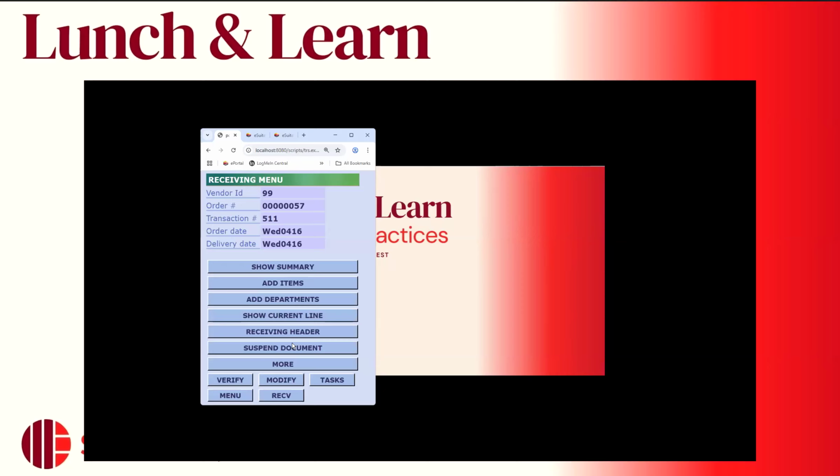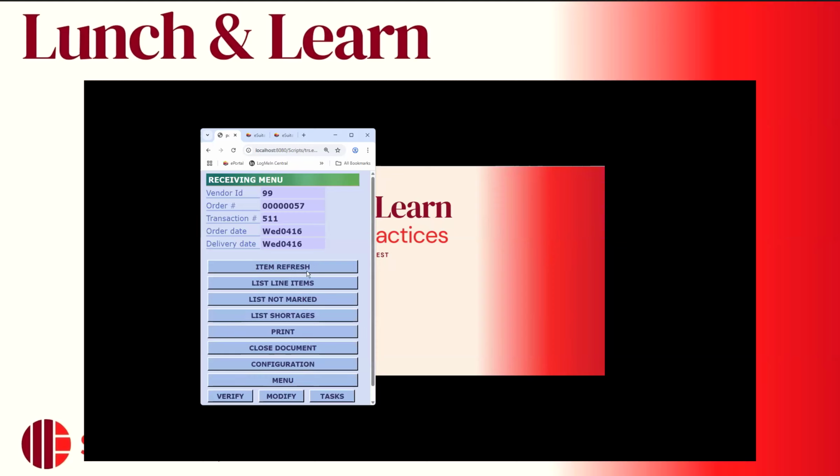Suspending will leave it in an open format, so you can come back and continue to add items to this document later. It's not closed, it won't affect your inventory. Some people like to suspend the document on the handheld so that somebody in the back can double check it before they close it. That's what that would be for.